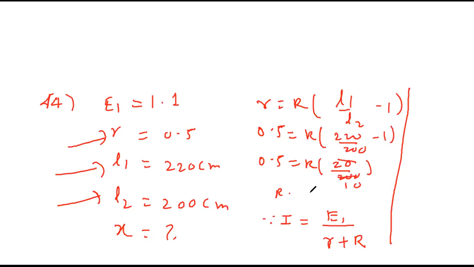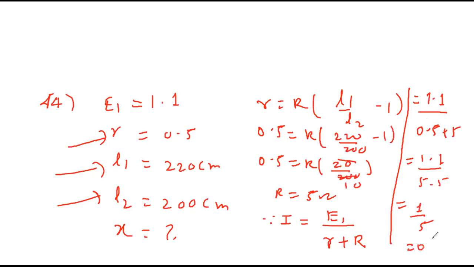R is 5 ohm. So current I is E1, 1.1, upon 0.5 plus 5, which is 1.1 upon 5.5, which is 0.2 ampere. I hope you all followed. Yes. Now complete it properly.